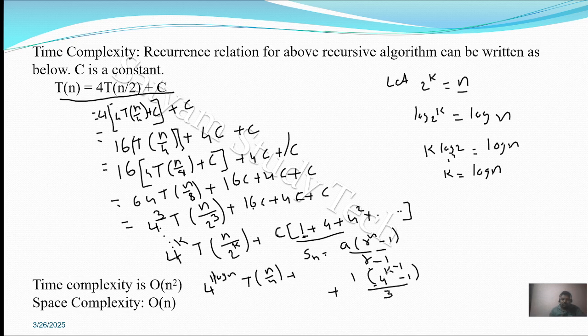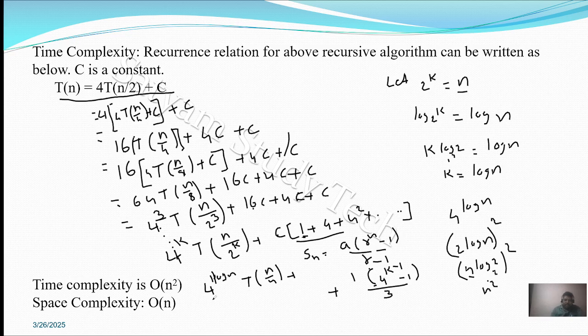So already you know this part. So 4 power log n you can also write as 2 power log n, whole square. So here it is n log 2 base 2, whole square. Here the log 2 base 2 is 1. Now here n is there, so n square.